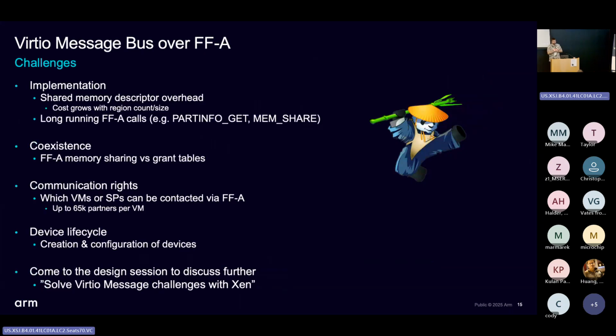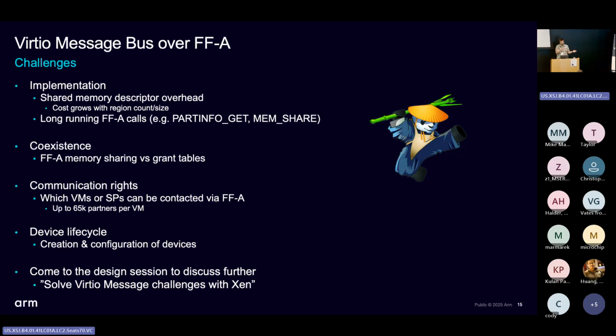The implementation is coming with some challenges. There are, in fact, four main challenges. So the first one is implementation challenges, because the FFA specification is allowing you a lot of stuff. And to some extent, if we do a full implementation of the FFA specification, the amount of memory required inside Xen could be huge.